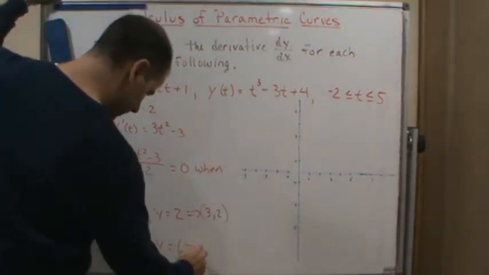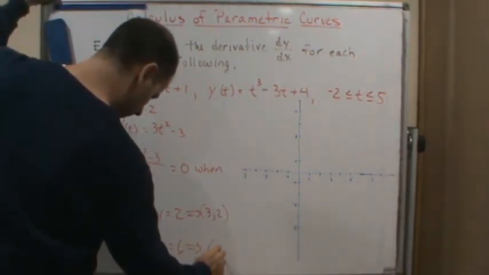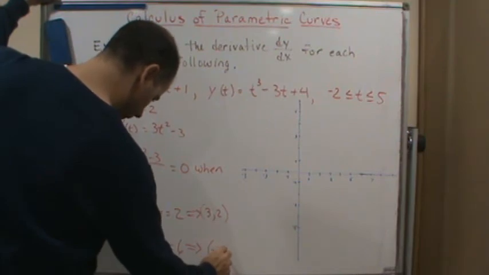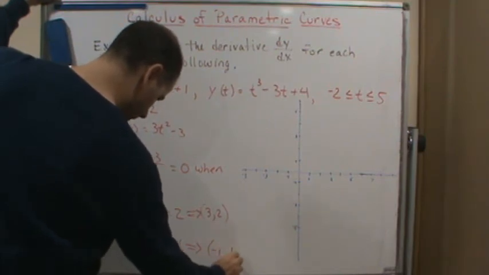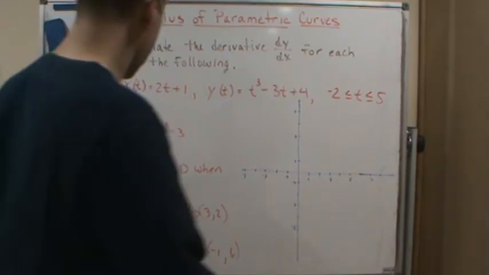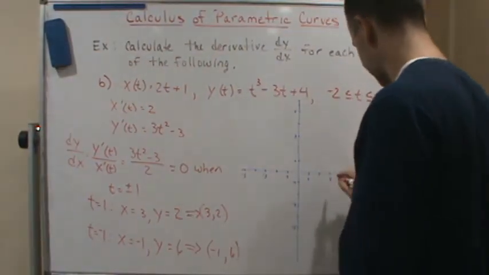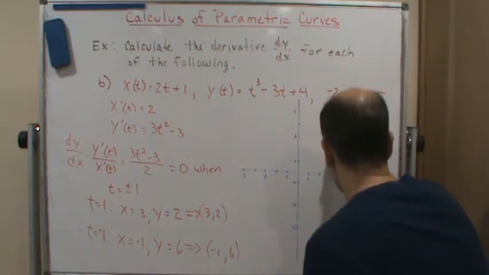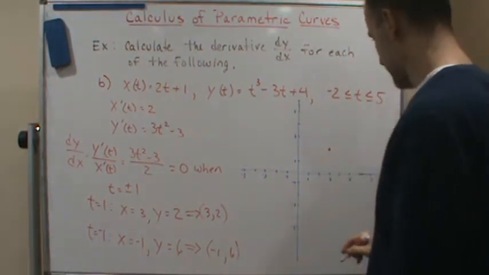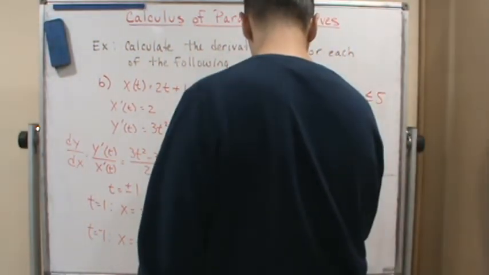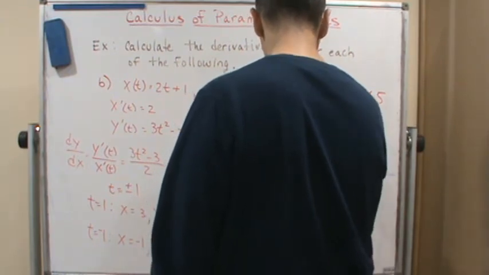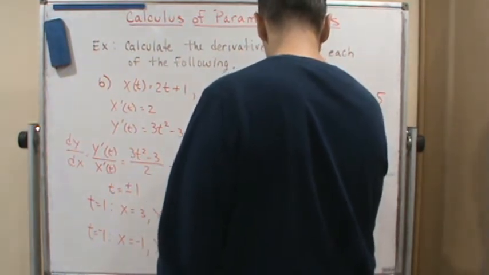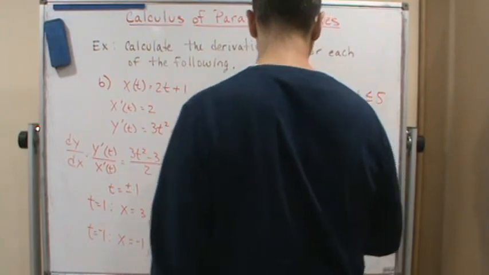And so this gives us the point (negative 1, 6). So let's plot these. So (3, 2) is right here. And (negative 1, 6) is right there.